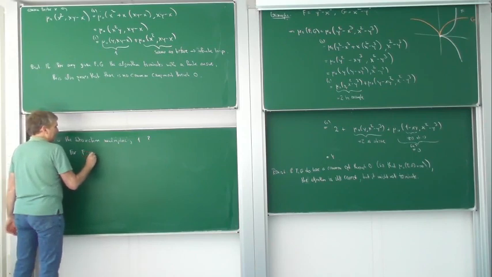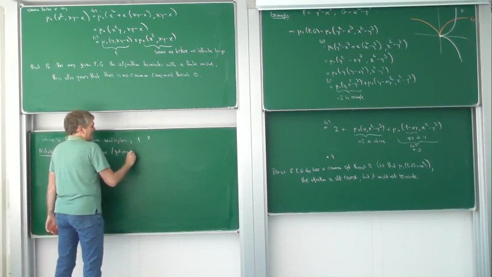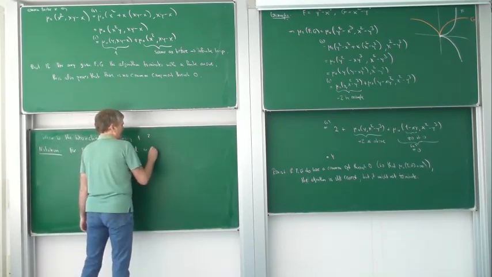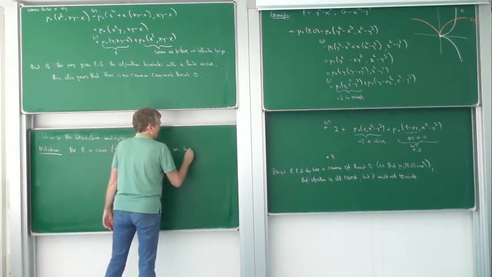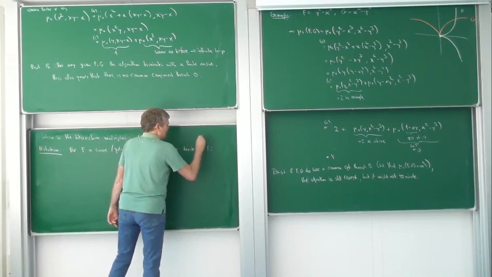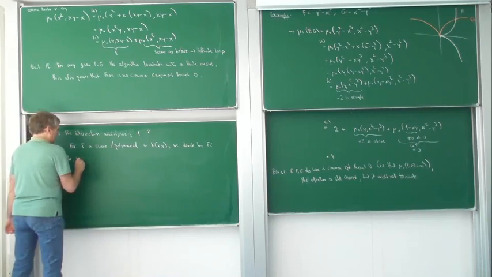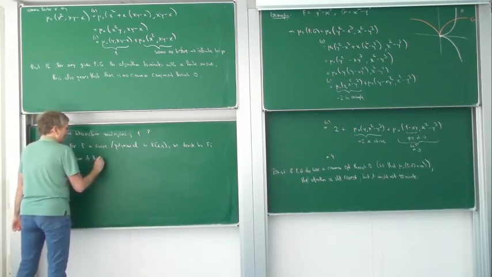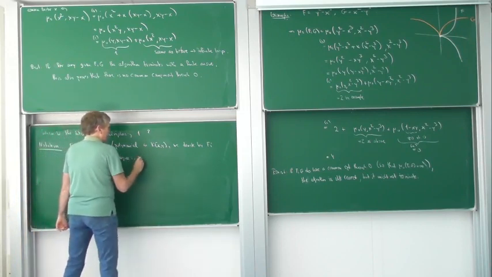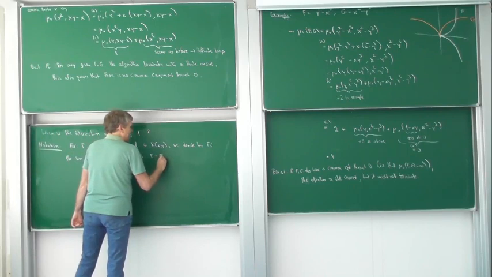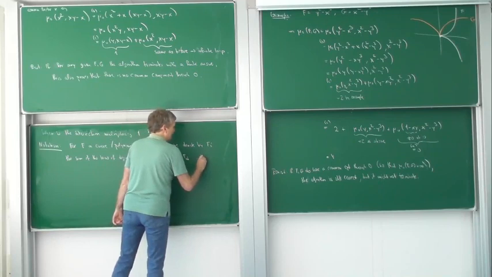So for f, a curve or polynomial in two variables x, y, we denote by f_i the sum of the terms of degree i, such that our f is then f_0 plus f_1 plus and so on plus f_d, where d is the degree of f.